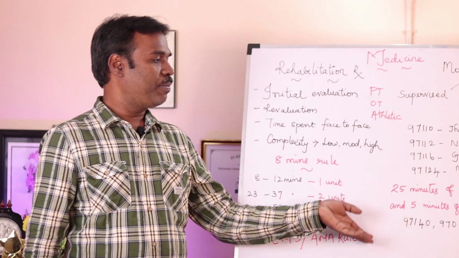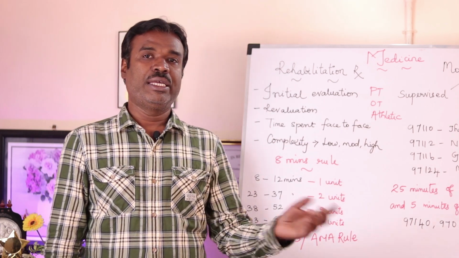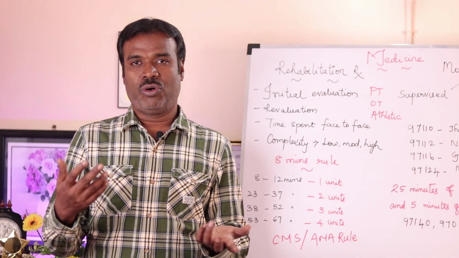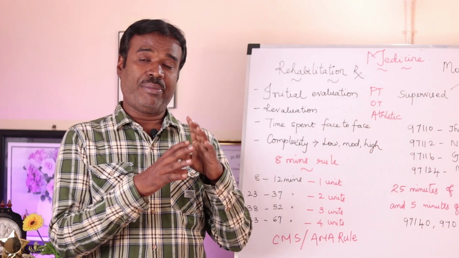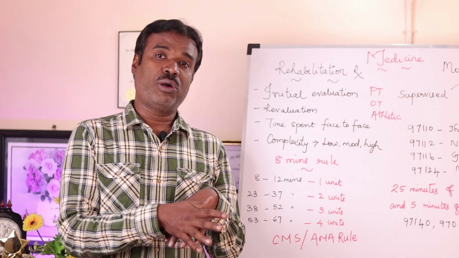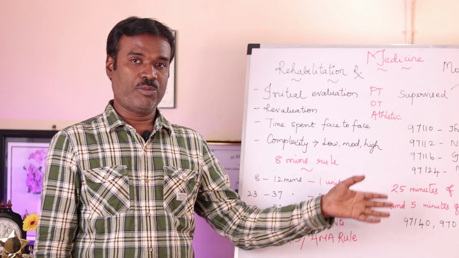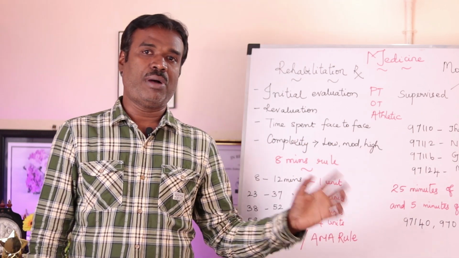So you can report 97140 times 2, and 97035. Here you don't have to worry about which to give more weightage. One easy approach is to see for which timed activity the physician is spending more time, and give the extra unit to that. I hope this is very easy for you all, because you can expect a question from this part as well.